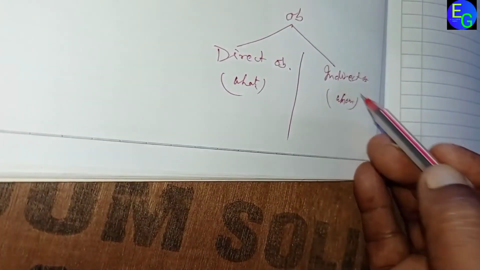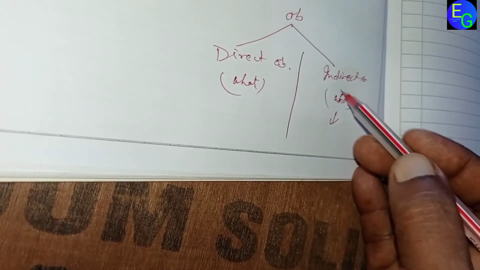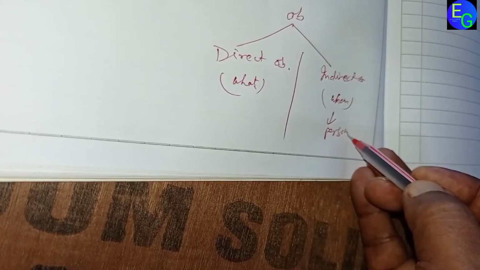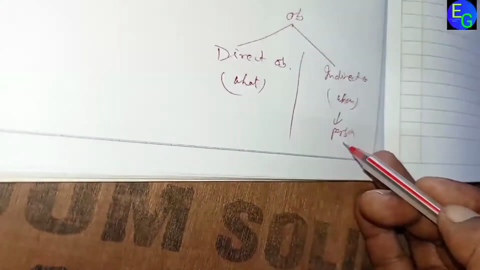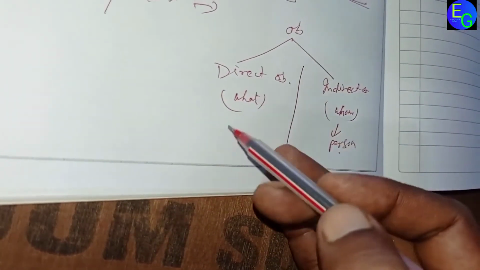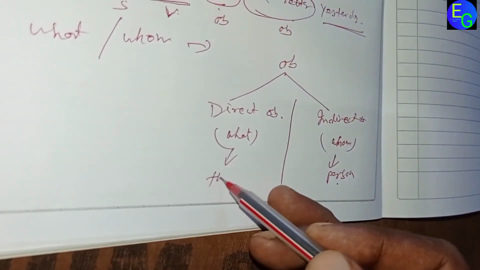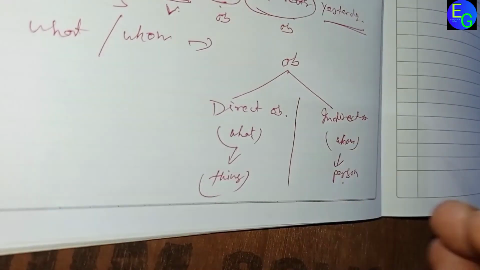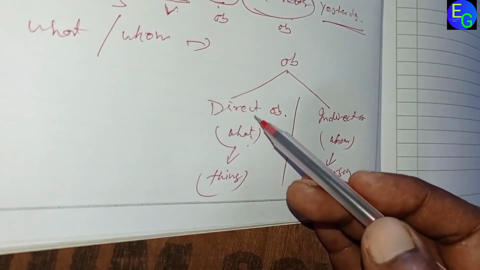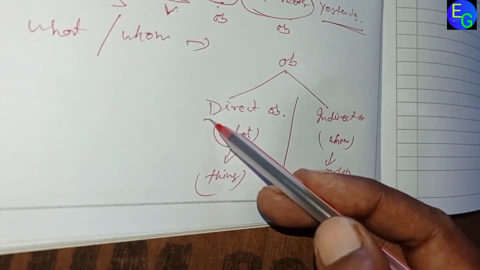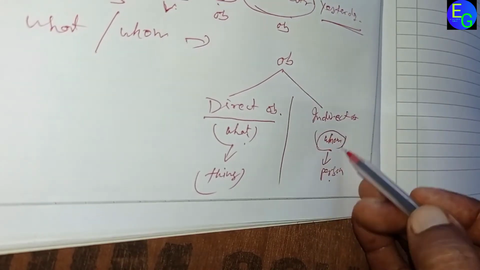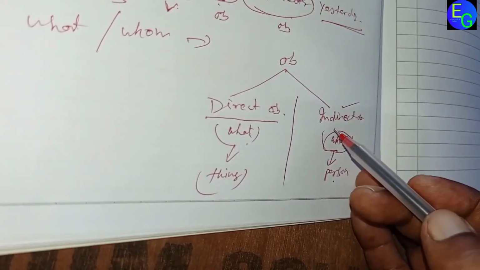Remember, if I ask a question like whom, that must be a person. So an indirect object must refer to a person. Similarly, a direct object must refer to a thing. If I ask a question like what, I must get a direct object. Similarly, if I ask a question like whom, I must get an indirect object.